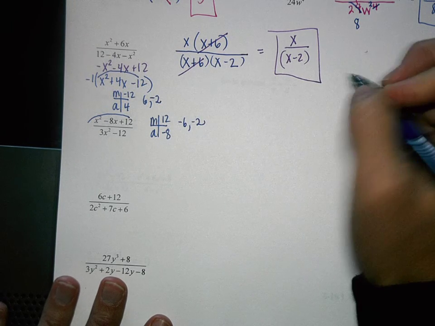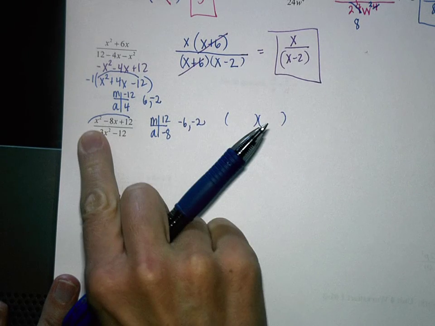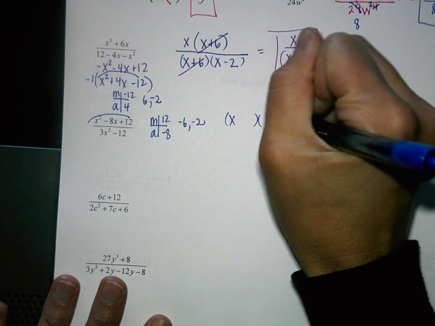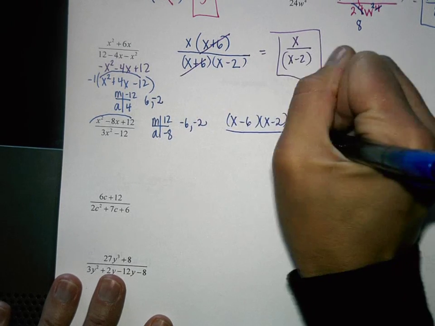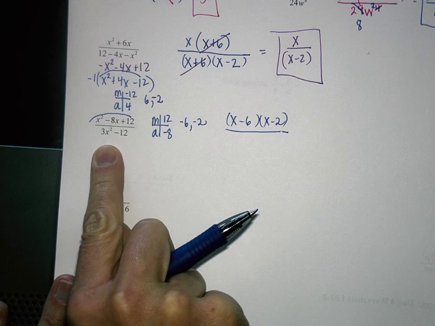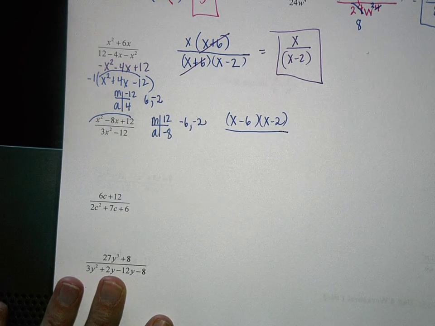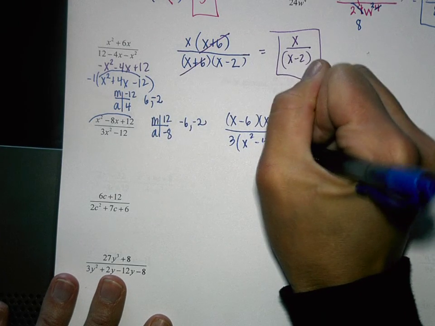So when I'm factoring there, we make our parentheses. I can use my shortcut because the coefficient is 1. We split up x squared into x and x, and then I have a minus 6 and a minus 2. When I move to the denominator, it's 2 terms, so I'm going to check for a GCF first. There is a GCF of 3, and we're left with x squared minus 4.